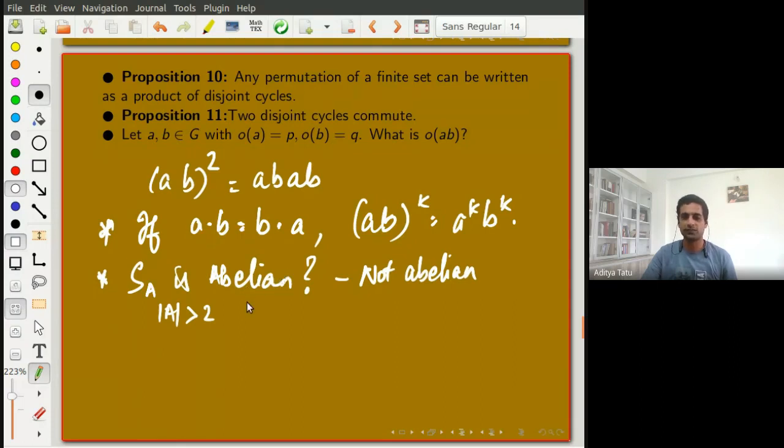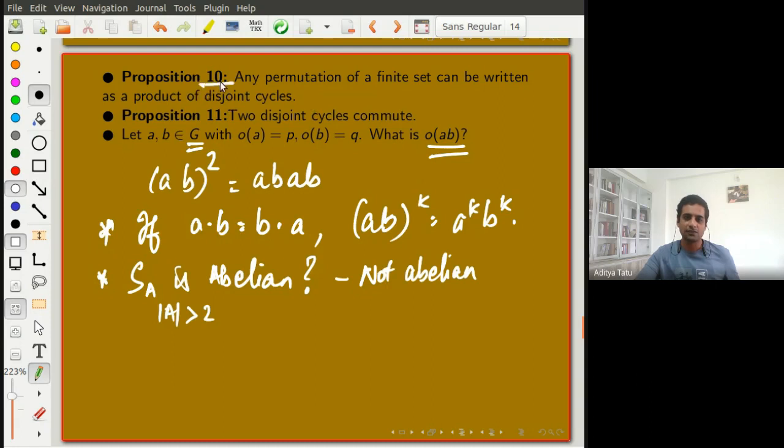With 3 elements, you can work out all the permutations and see that it is not abelian. So the entire group S_A is not abelian. But if you take any two disjoint cycles, then these two will commute, and therefore we can easily find out the order of AB.